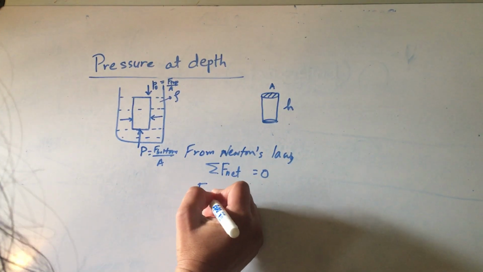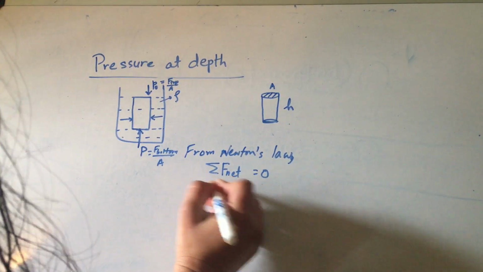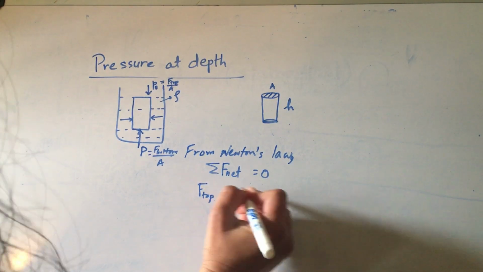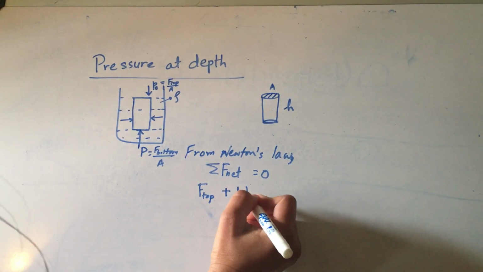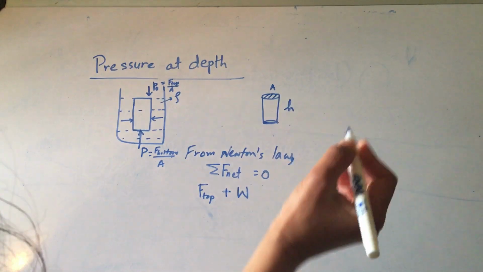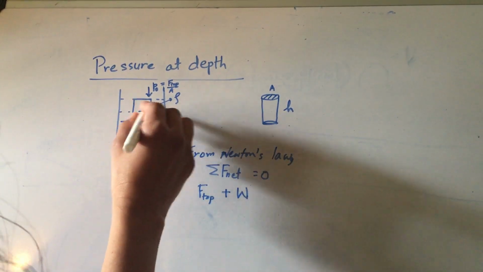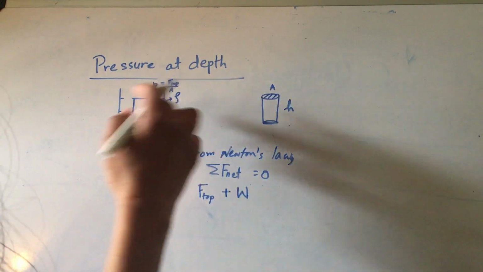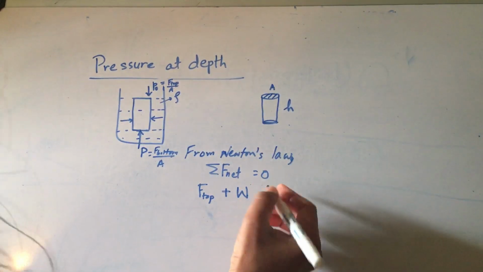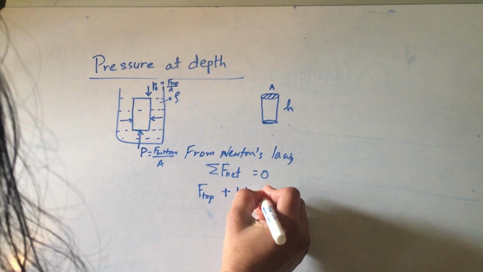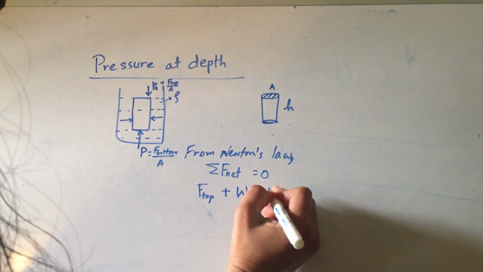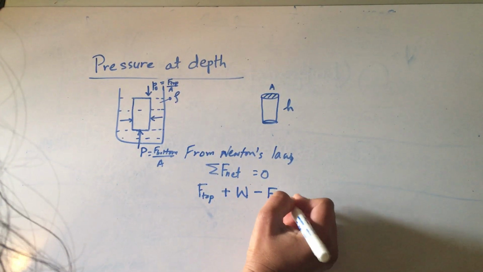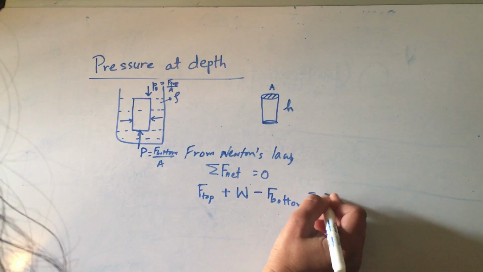So we write this down: F top plus the weight force. This weight is the weight of this column, the gravitational force acting on the mass of this column of water, minus F bottom must be equal to 0.